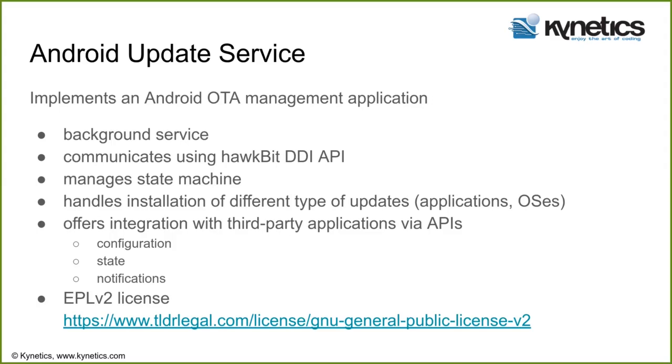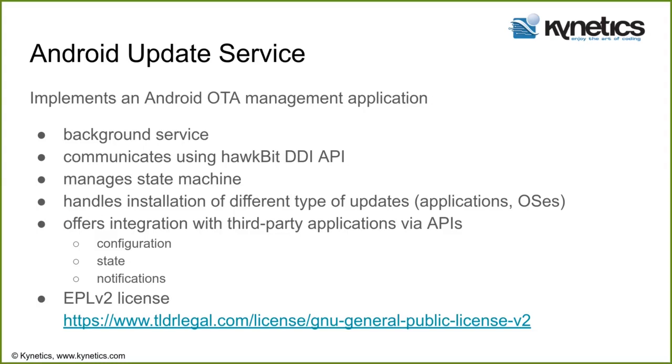And of course, as I mentioned before, it can be configured from the outside. So for example, let's say that you have a third-party application with a UI, because this is just a background service, no UI is provided. The UI can interact, configure the service, and get state changes and notifications of what's happening in the background.